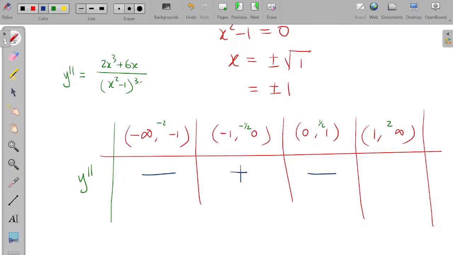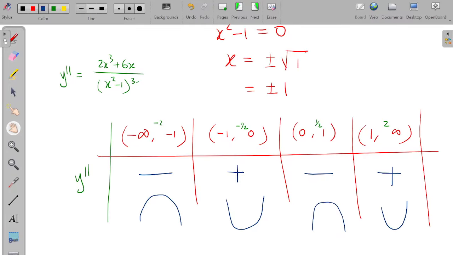If you put this there, this will give us positive. Okay, so here it means it is concave down. Here is concave up. Here is concave down. Here is concave up. Okay, all right, that's nice.